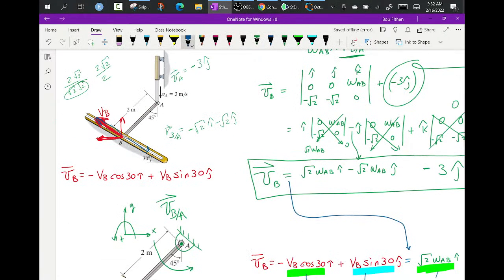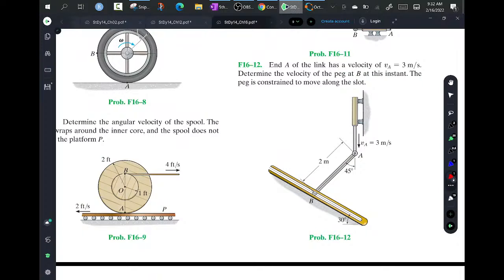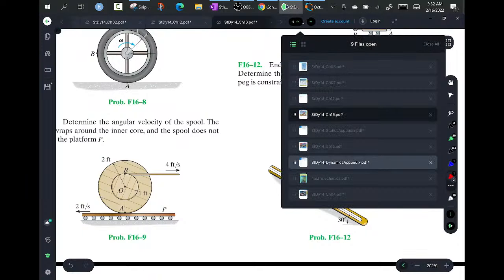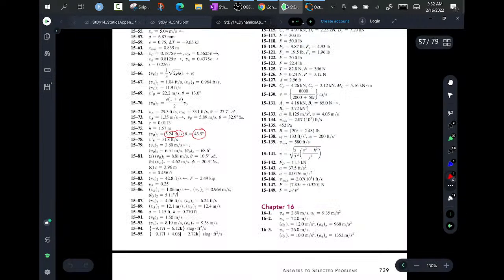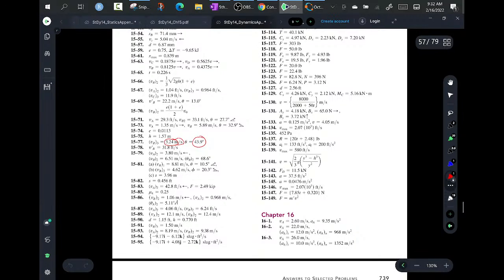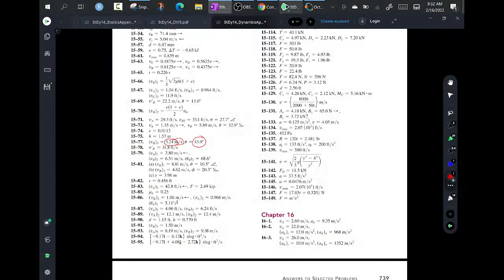But I'm going to go in here and check the answer in the back of the book. Is that 16-12 or 15-12? 16-12.